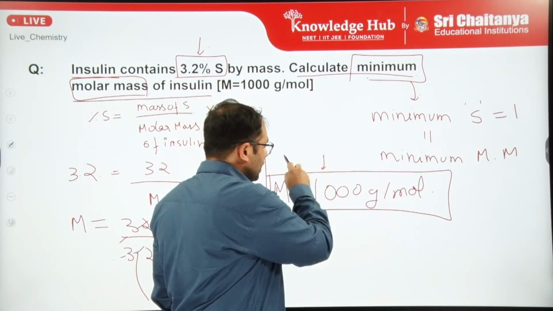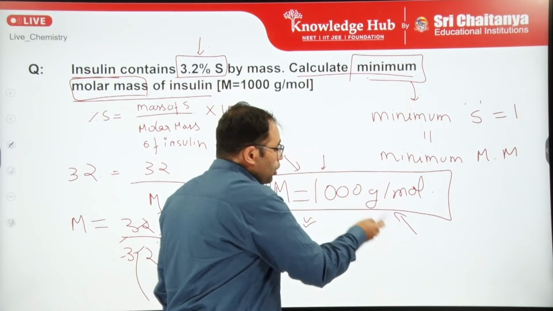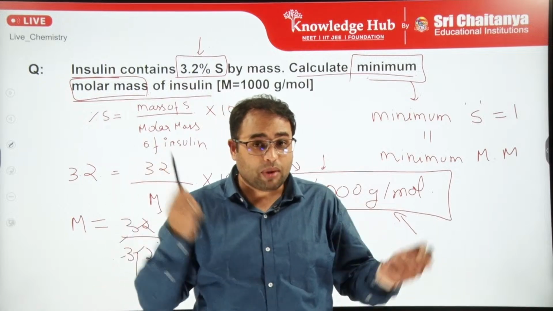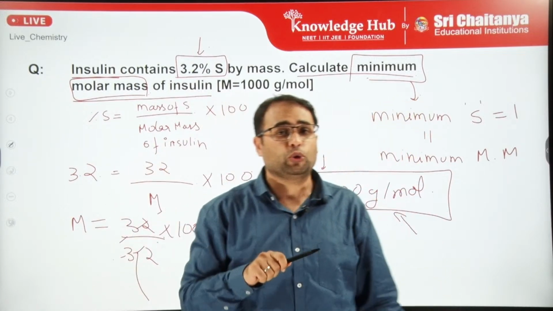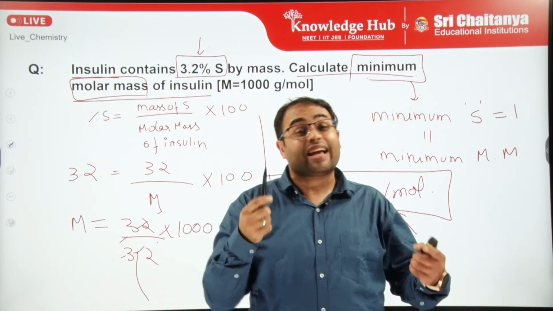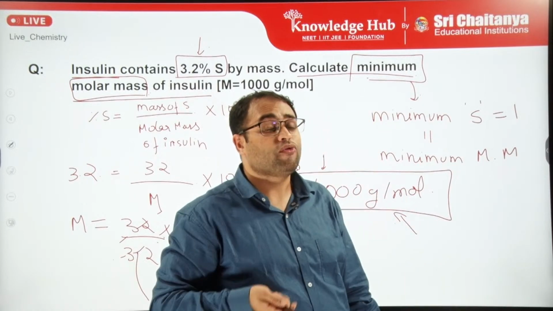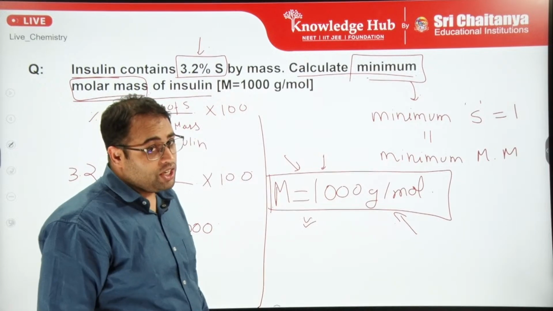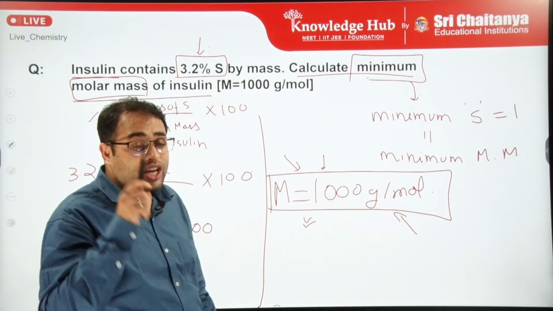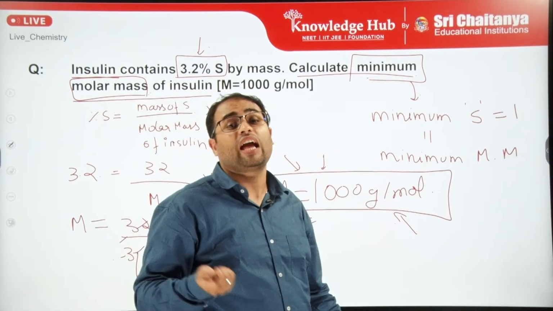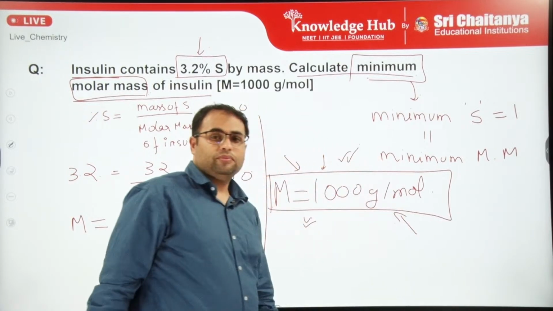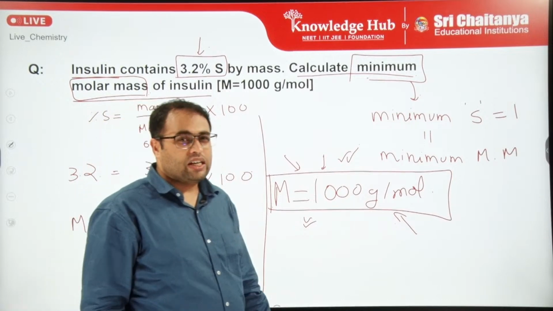These numericals are very important, because some scientist must have calculated this 3.2% sulfur and calculated the molar mass of insulin. So this numerical goes down in history as something which helped scientists for the first time calculate the molar mass of insulin. So that's a little bit extra.